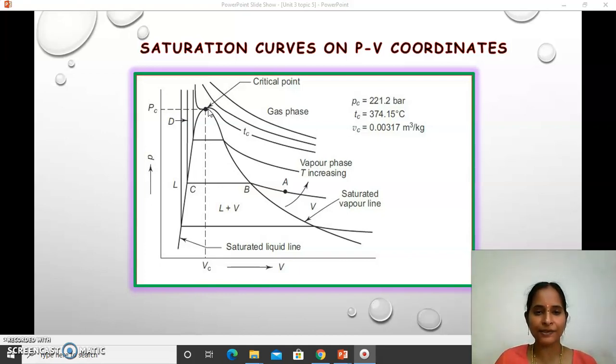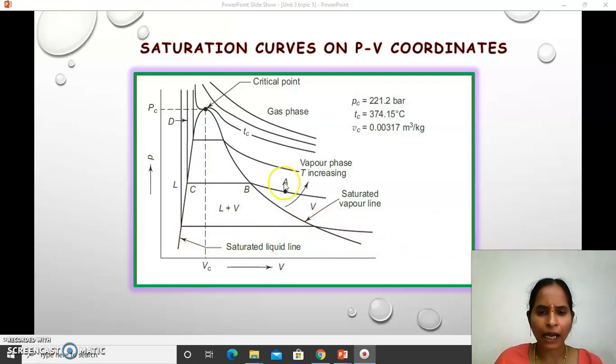Within a fraction of a second, when you keep the water at 221.2 bar, all the water is suddenly converted to vapor, with no need for latent heat of vaporization. When pressure decreases, the amount of heat taken by the fluid increases.